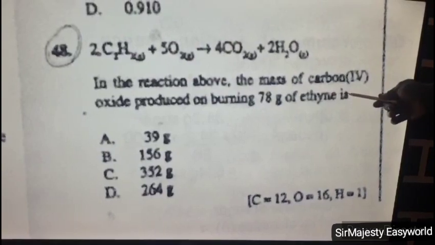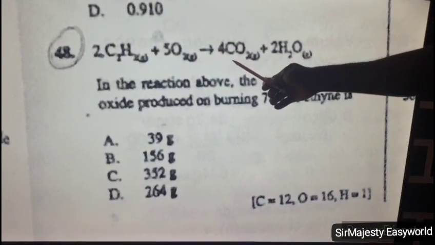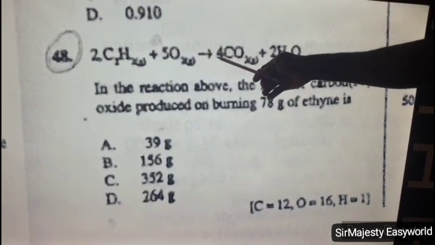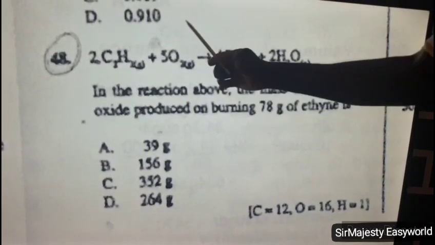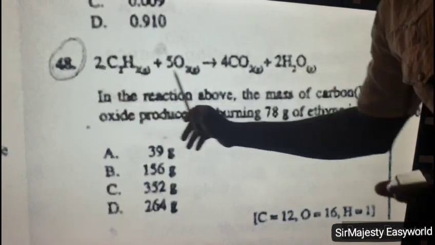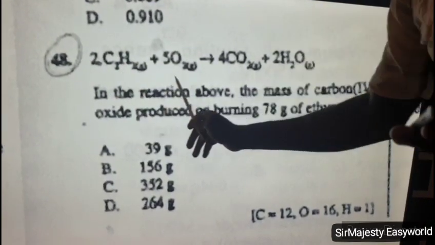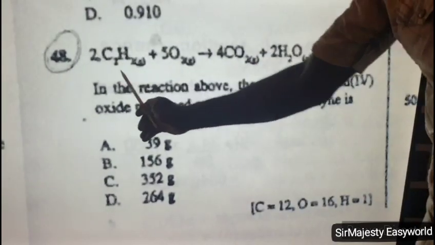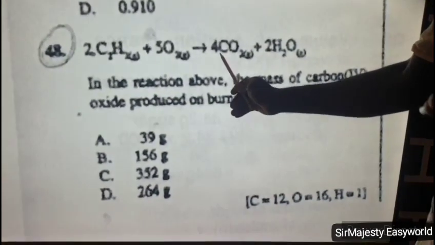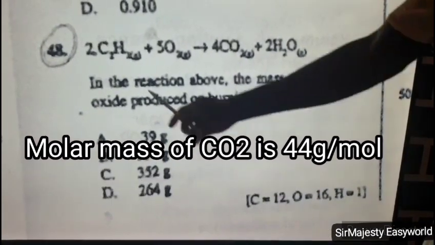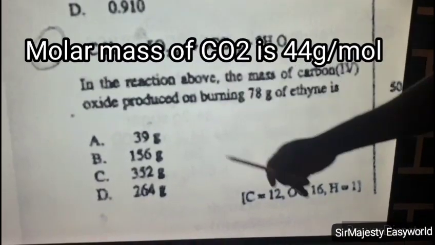The mass of CO2 is 44, of course. 44 times 2 is 88. Let's lessen this to 1:2. Since 2:4, it means 1:2, which means 26 will give us 88, that's 2 times CO2, where the molar mass of CO2 is 44.